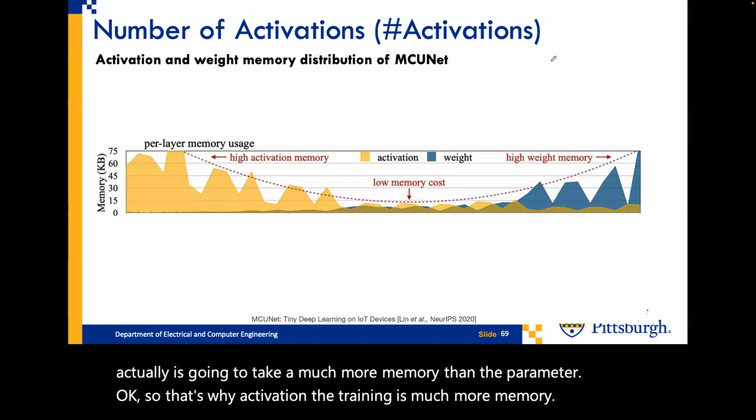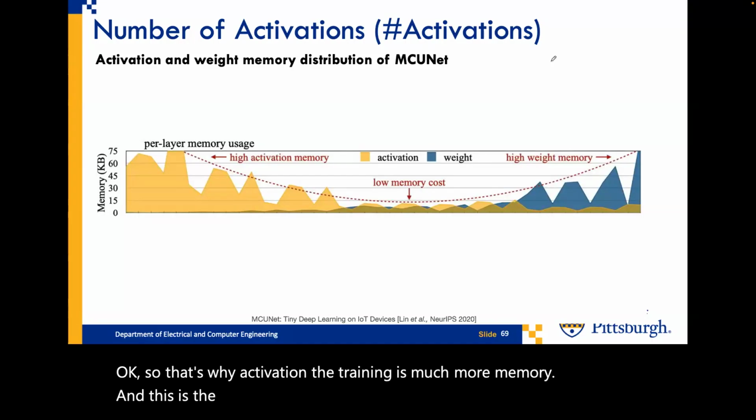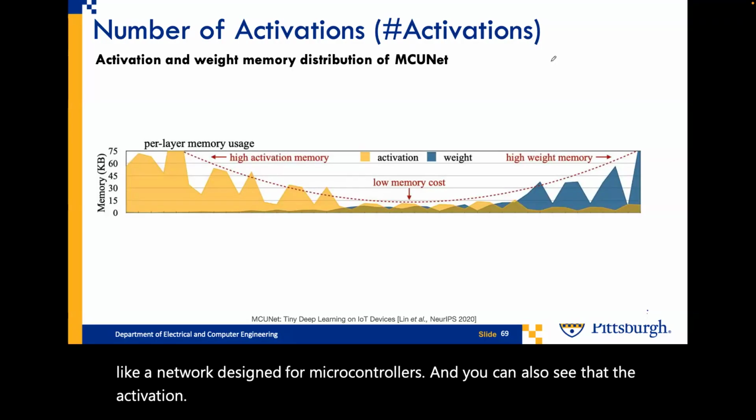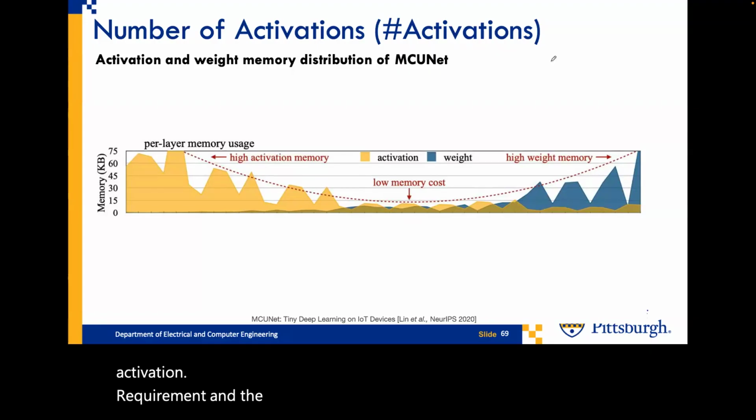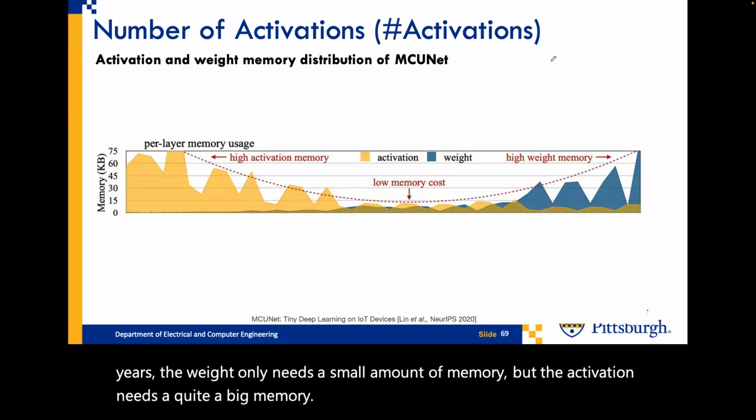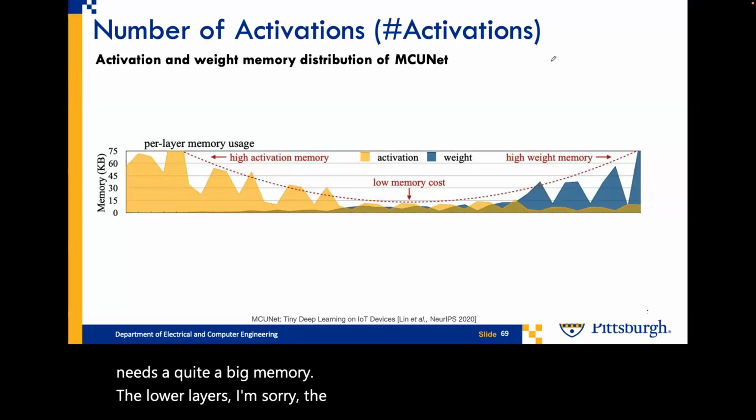This is the activation and weight memory distribution of MCUNet, a network designed for microcontrollers. You can see that the activation requirement and the weight requirement are different. In the earlier layers, the weight only needs a small amount of memory, but the activation needs quite a lot. In the latter layers, the weight needs a lot of memory, but the activation requires less.